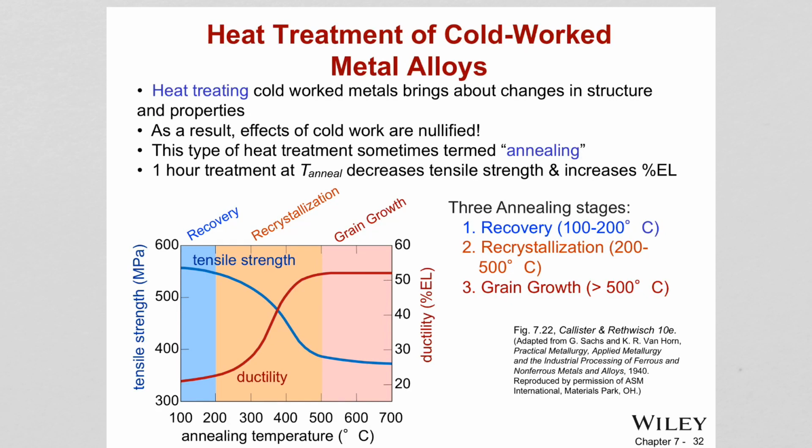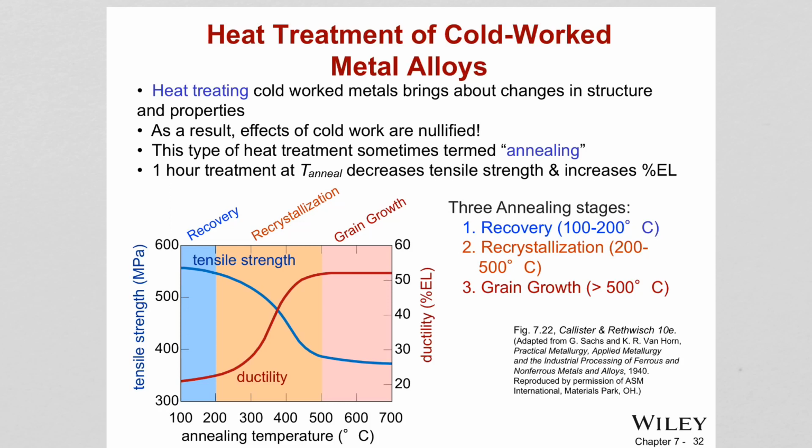There are 3 stages of the annealing process. The first one is recovery, and in the figure you are seeing how tensile strength and ductility change as a function of annealing temperature, the temperature at which we keep the cold worked material.